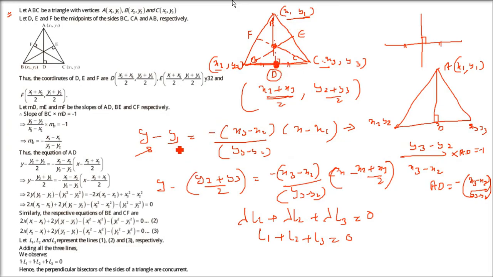First you have to find out the midpoint, then take this midpoint as the x1, y1. Find the slope, then we make the equation of AD, and finally you add them and it will be 0. So this is how this is going to be solved.